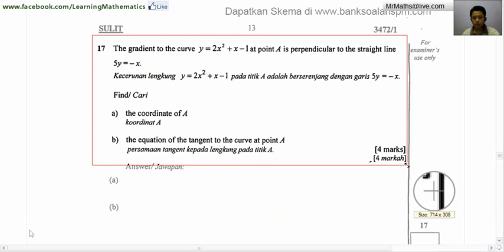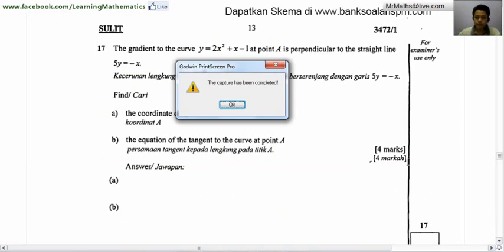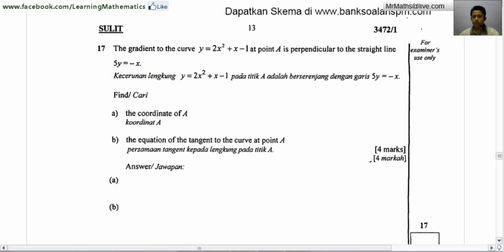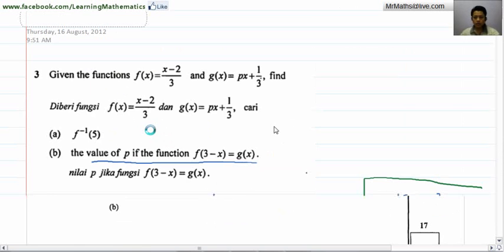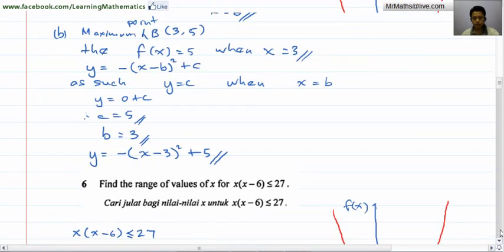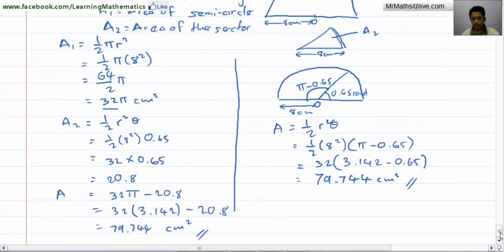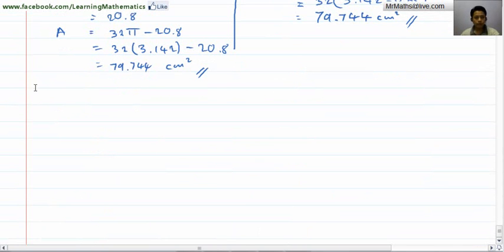Okay, this question carries 4 marks, quite significant. Let's paste it here, our paper.